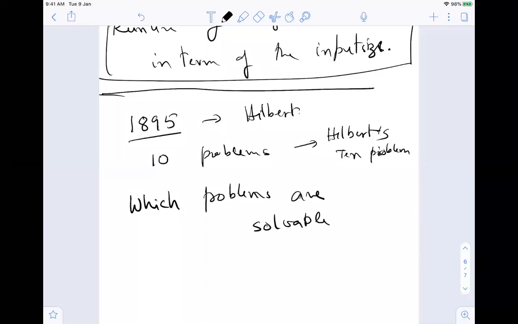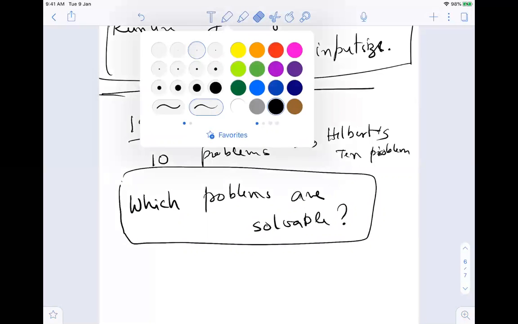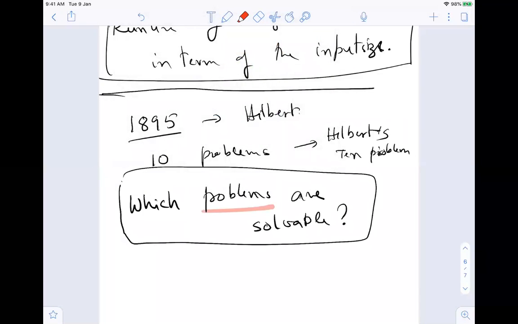Now this is a very philosophically packed question, because you don't know what a problem means. You don't know what solvable means. He didn't specify it exactly in these terms. I think he defined it in terms of Diophantine equations. But the basic idea is that overall it comes down to which problems are solvable and which are unsolvable.